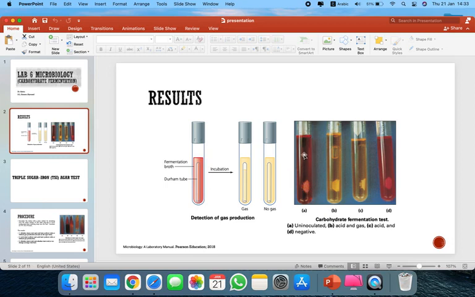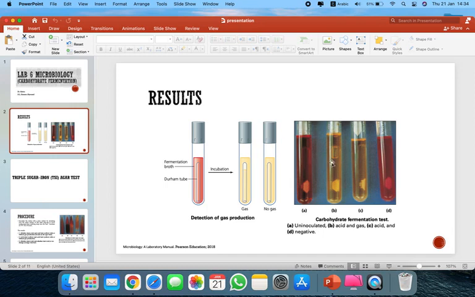So you know the difference between the broth and the solid media. Each tube contains a small inverted fermentation tube, or Durham tube, for trapping any gas formed when the broth is inoculated and incubated.